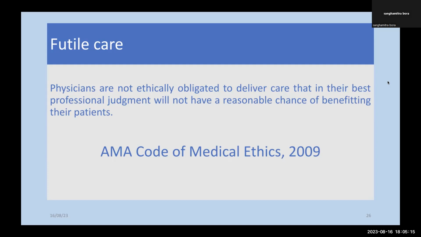So henceforth, we have to understand the fact that futile care is being done unknowingly by physicians, because they are always obliged to do something for the patient, and that something drives them more towards giving futile care.